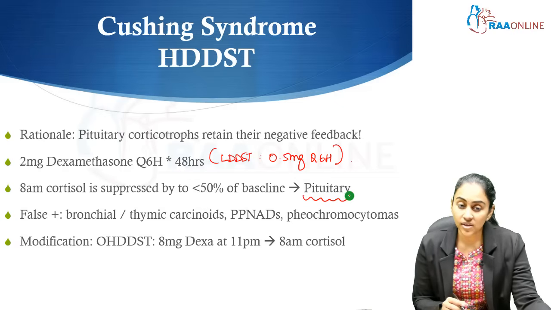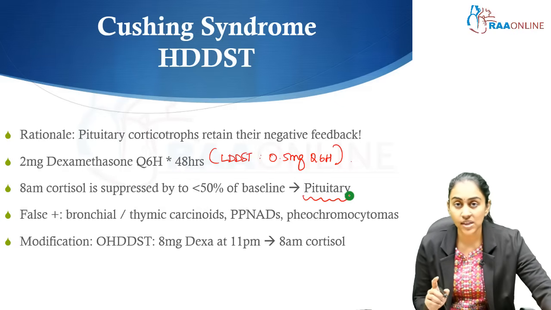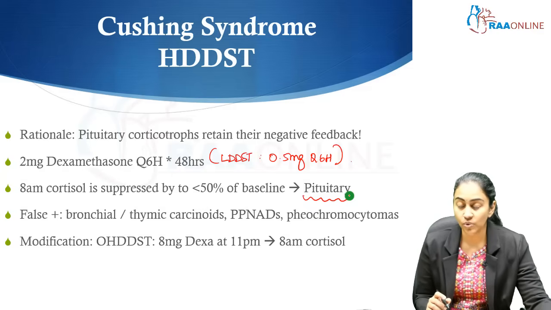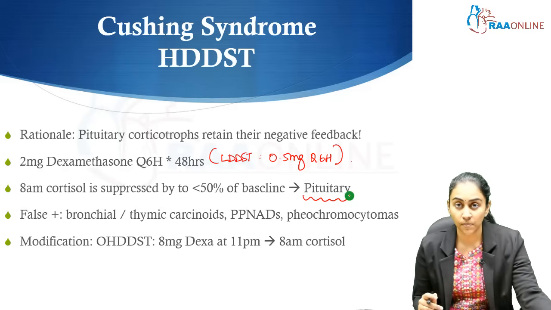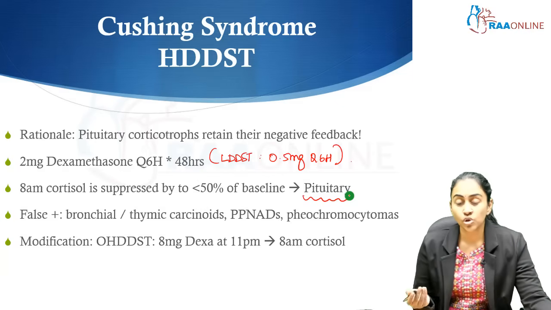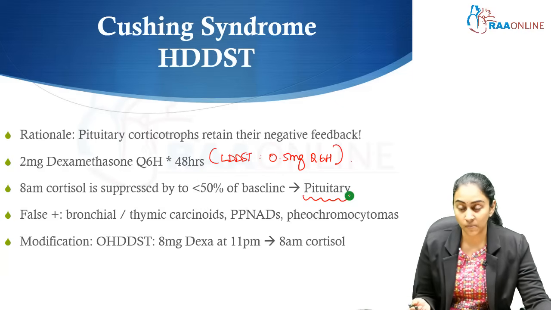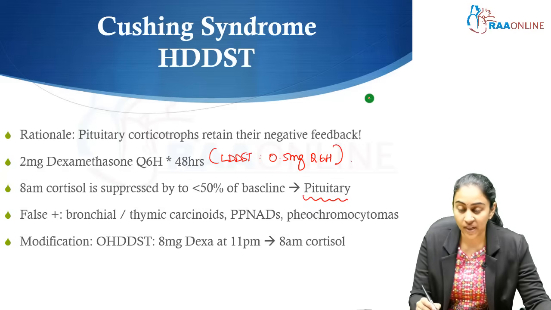So there is a test called the overnight high dose dexamethasone suppression test, where you give a single tablet of 8 milligrams of dexamethasone and then the next morning you take an 8 AM cortisol, and you interpret it in the same manner. If the suppression is to less than 50% of the baseline, then it is pituitary. If the suppression is to more than 50% of the baseline, then it is ectopic ACTH secretion.